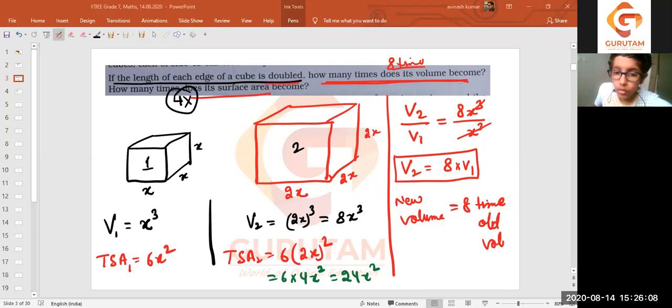V2 by V1 is equal to 8x cube by x cube. So V2 is equal to 8 into V1.